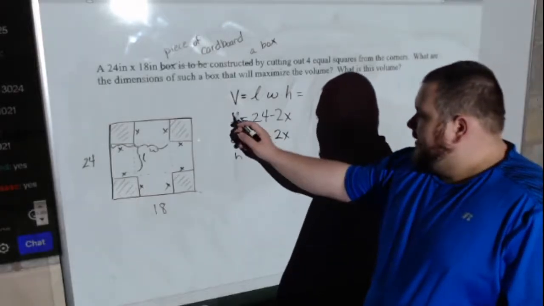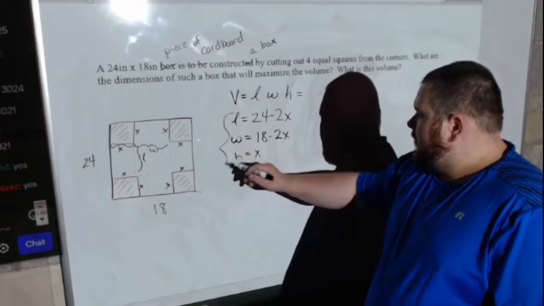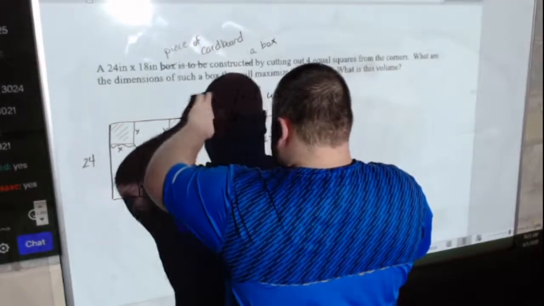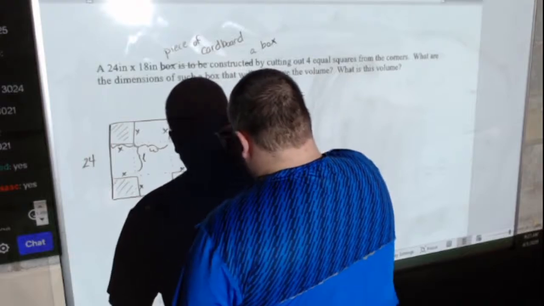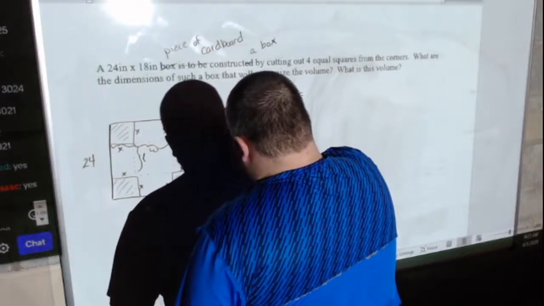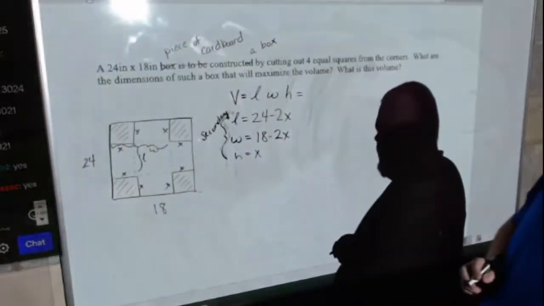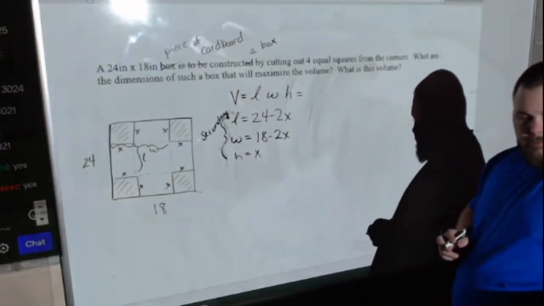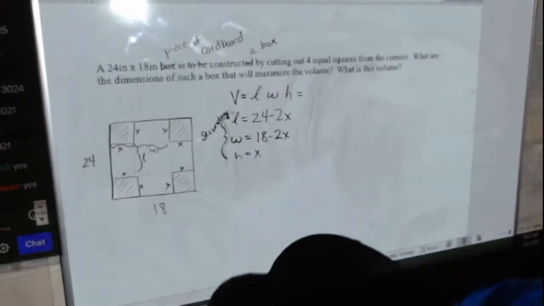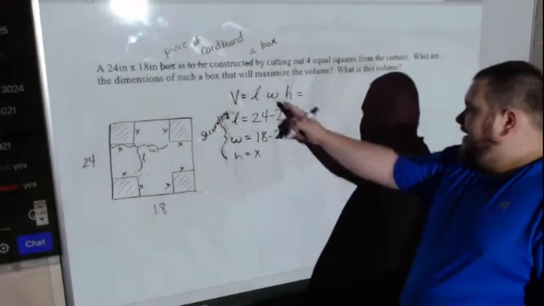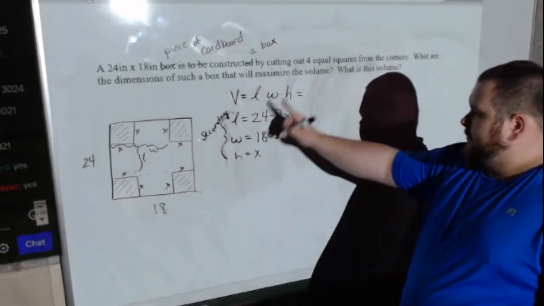So these are my secondary equations. Which looks like you can barely read. So I'm plugging all of these into this.